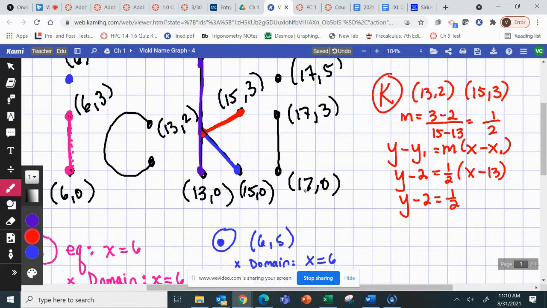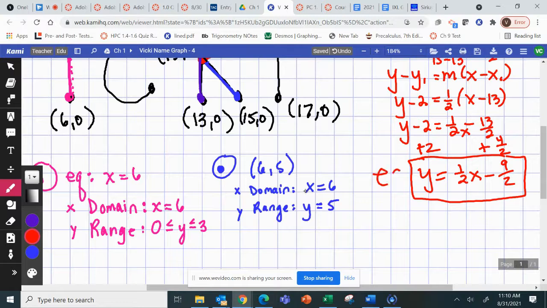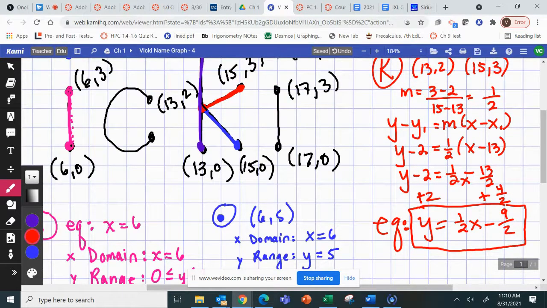So I get 1/2 x minus 13/2. Then I'm going to add 2, but when I add 2, I have to find a common denominator, which is 4/2. I get y equals 1/2 x minus 9/2. So here is my equation. All that work was to get my equation.